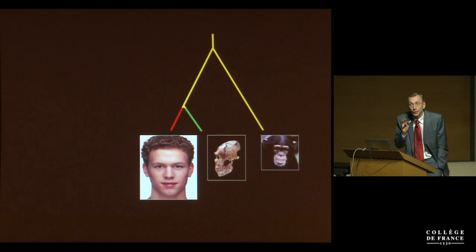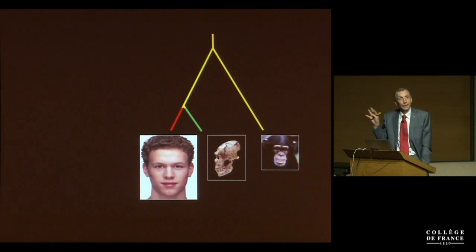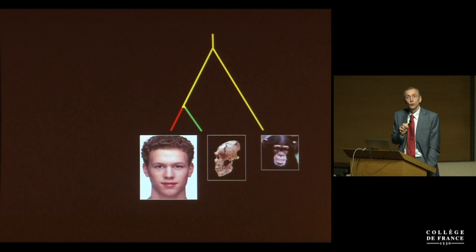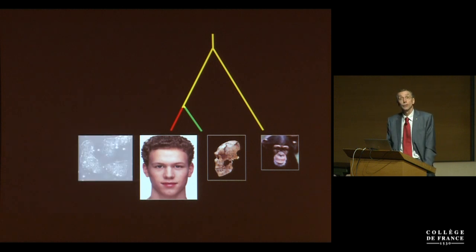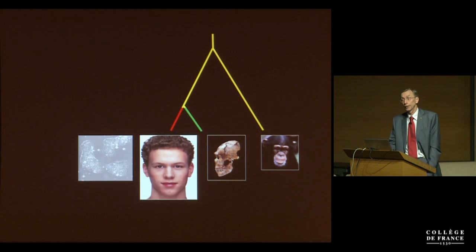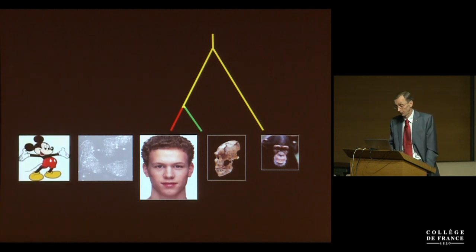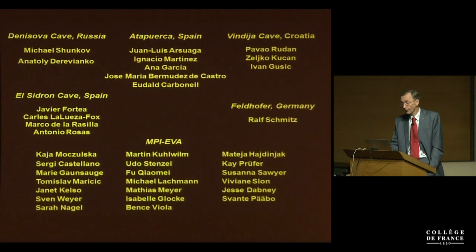But the next interesting question is really to go to the functional level, to understand what some of these changes meant. And for that, I think engineering changes in human stem cells and studying their effects will be interesting, and also to humanize mice, as I've suggested.